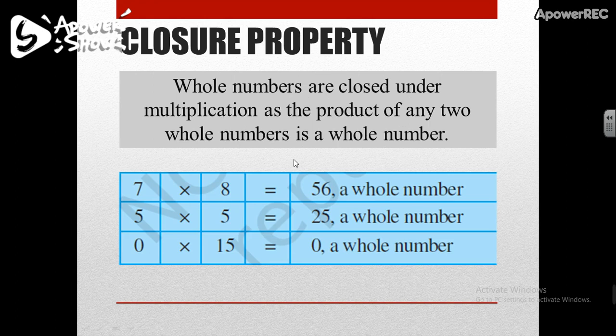So closure property holds for multiplication, because after multiplying any whole numbers, the result which we are getting is again a whole number. Now let's check closure property for division.